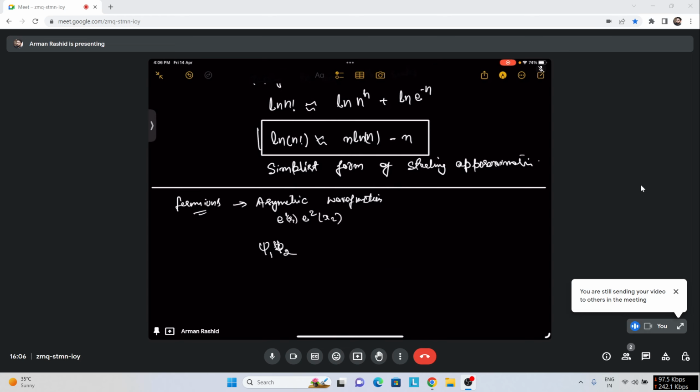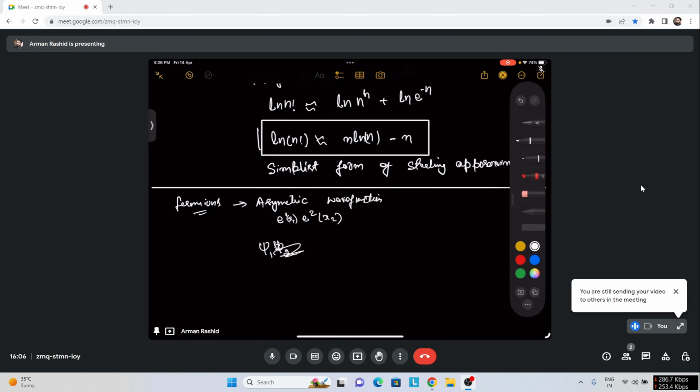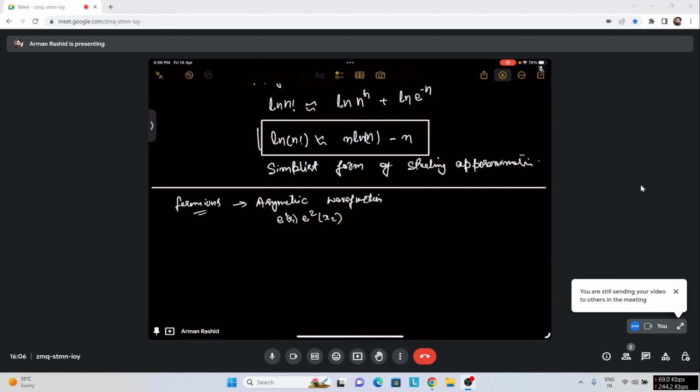We have to create a wave function in such a way that when we exchange these two, it is antisymmetric. For example, the wave function of electron 1 is psi 1, present at x1, and the wave function for electron 2 is psi 2, present at x2.